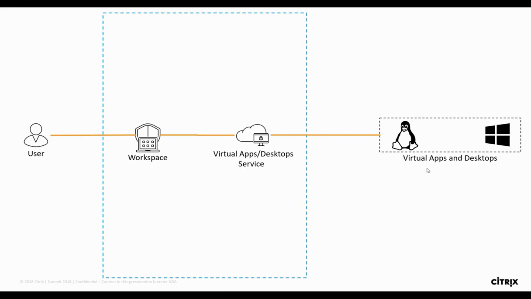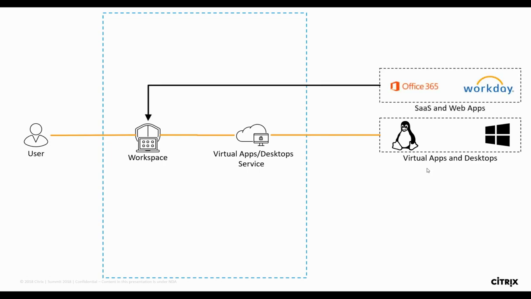The next big pain point when it comes to Workspace, from my perspective, are SaaS and web apps. I was recently counting, and I probably now have over 175 different accounts and passwords. Most of these are for different web and SaaS applications that I work with, or just websites.